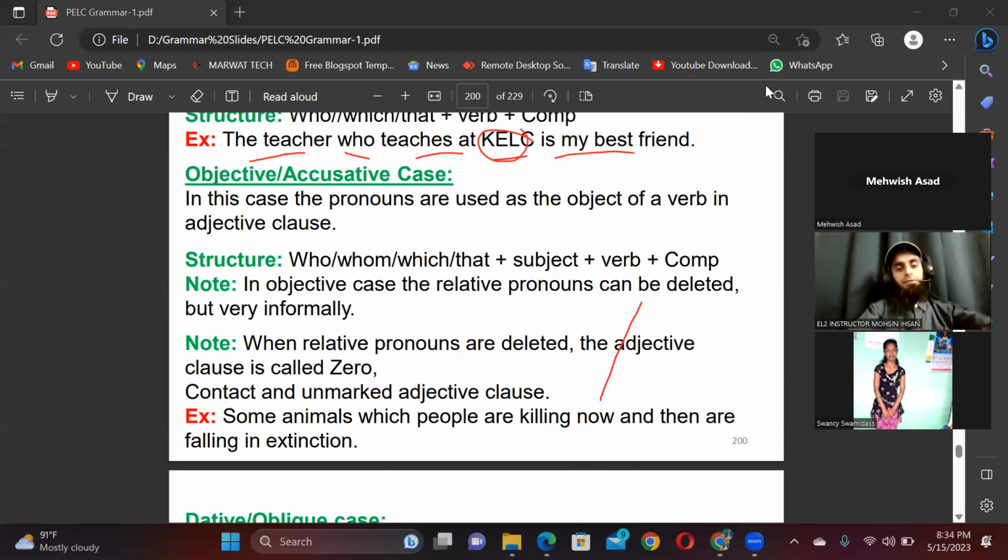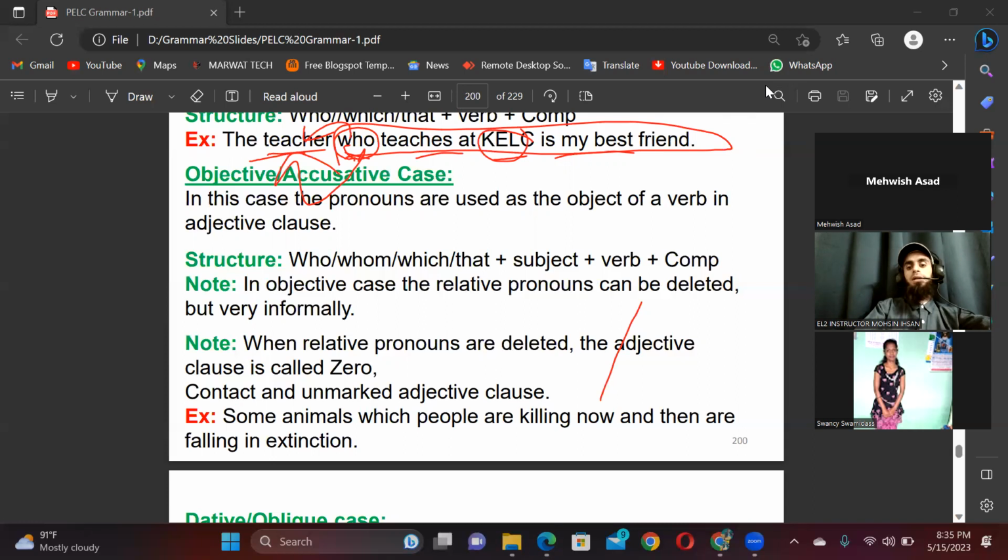Now, the word you use to refer to the noun is actually a relative pronoun, but here the whole part of the sentence is called a relative class or adjective class. Why? Because this who is modifying the previous noun, and we studied in parts of speech that when a word modifies a noun or pronoun, that word is called an adjective.